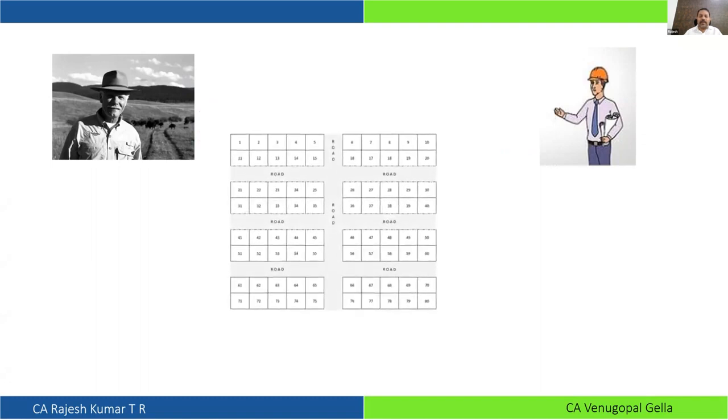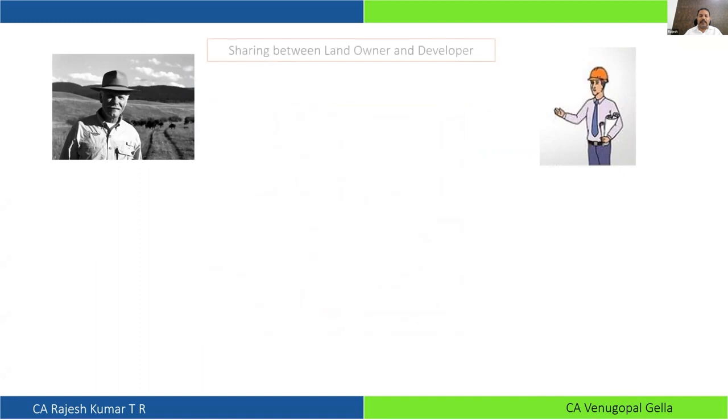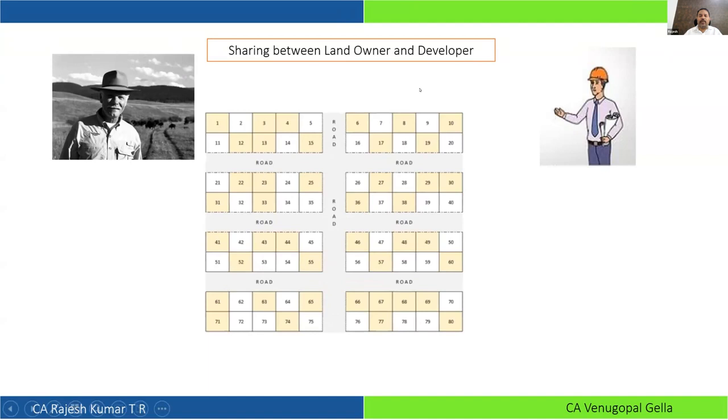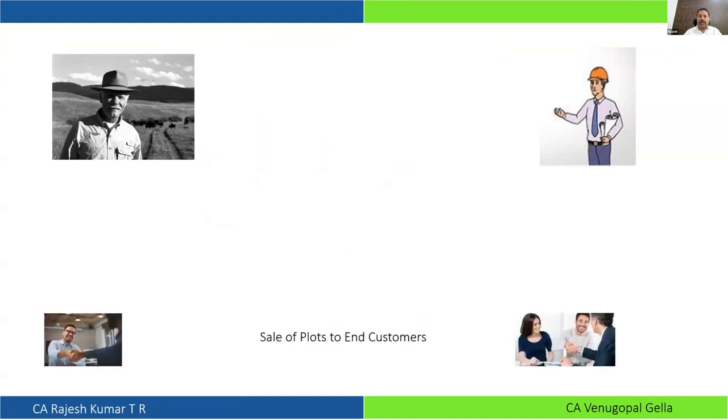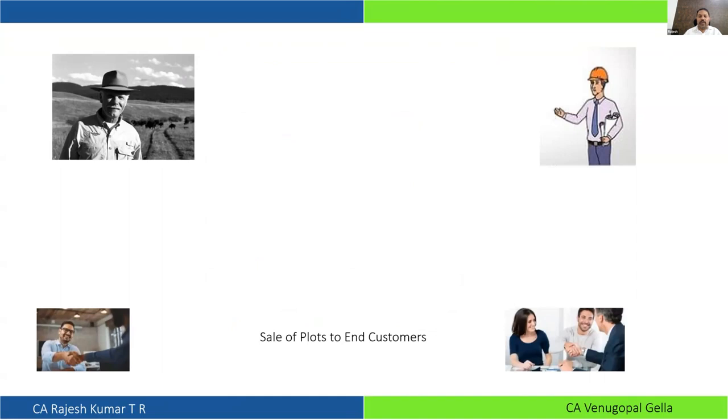Then what happens? The land is bifurcated into various plots, and out of the developed plots there will be a sharing between the landowner and the developer. Which sites will be taken by the landowner and which sites will be taken by the developer will be agreed, and that will be done through a sharing agreement or an amendment to the joint development agreement.